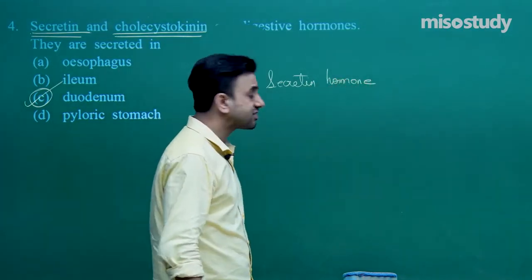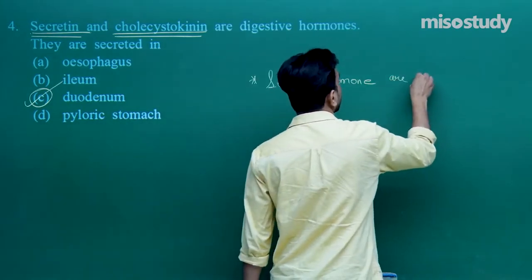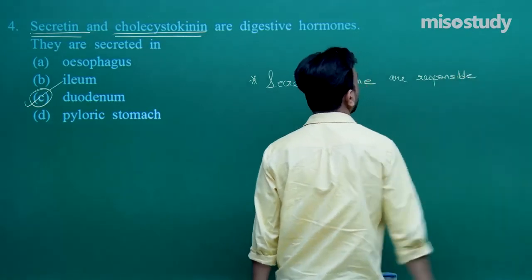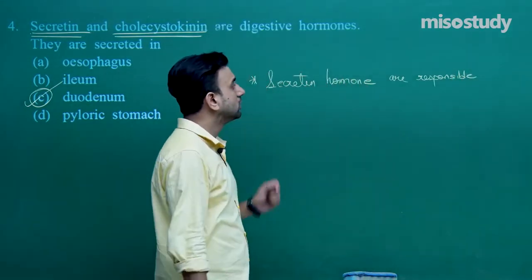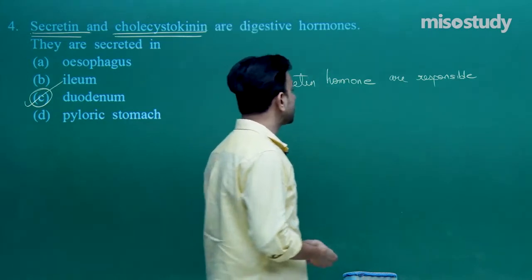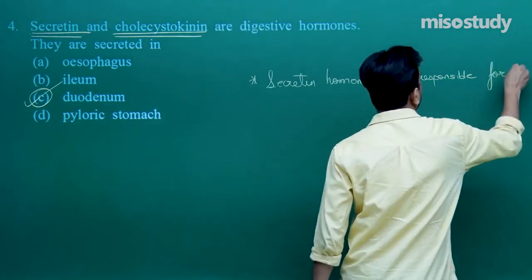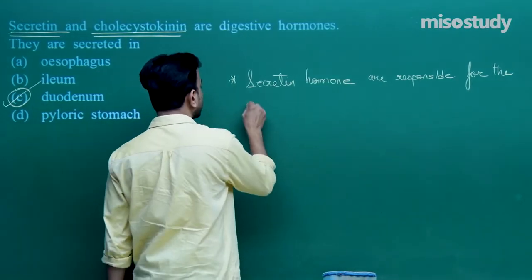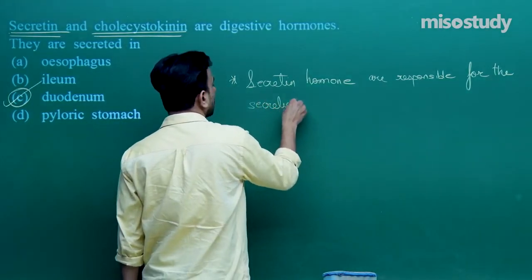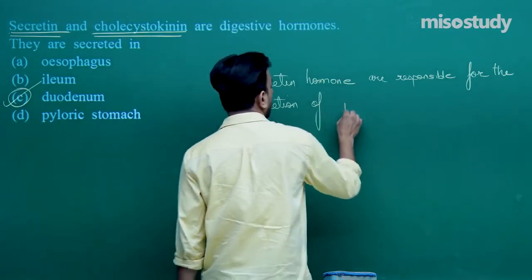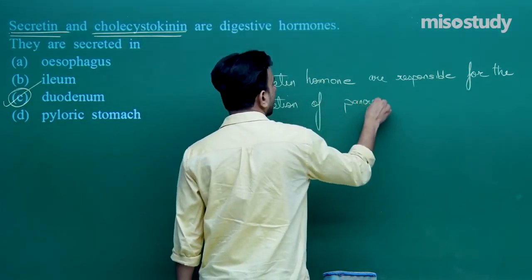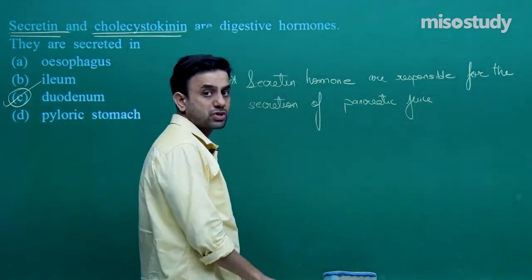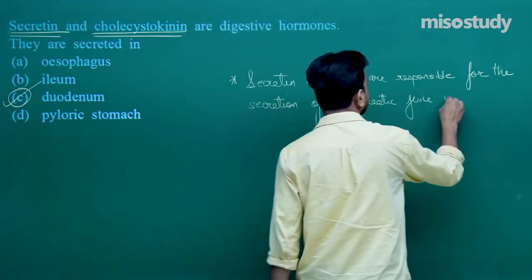Secretin hormone is responsible for the secretion of pancreatic juice, which has pancreatic enzymes.